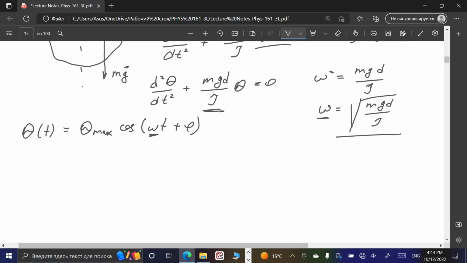Then we need to deal with the moment of inertia of this body with respect to the axis of rotation, the total mass of the body, and we need to know the distance between the center of mass and the axis of rotation. That will give us an option to calculate the angular frequency of a physical pendulum.